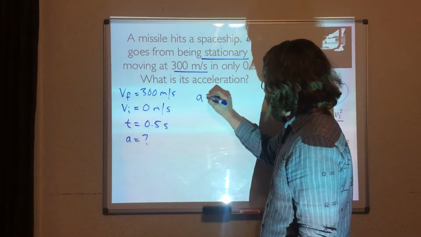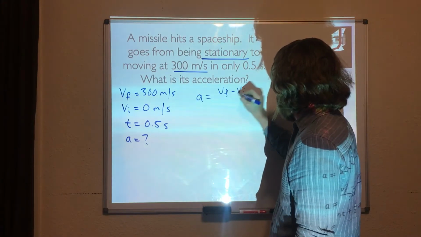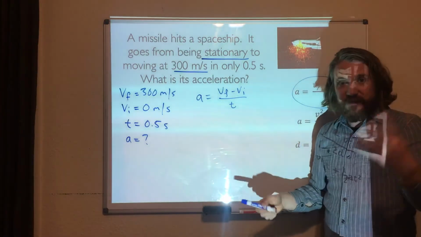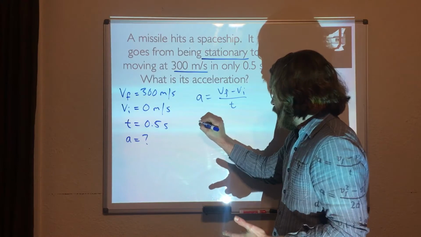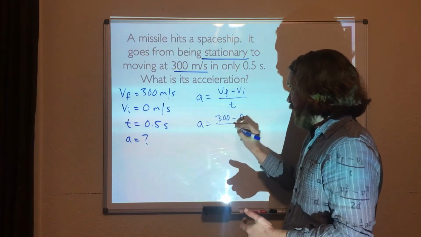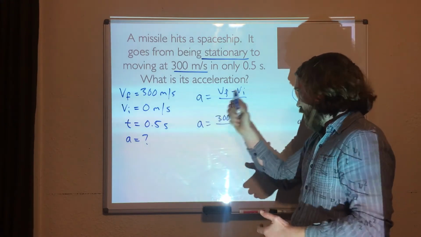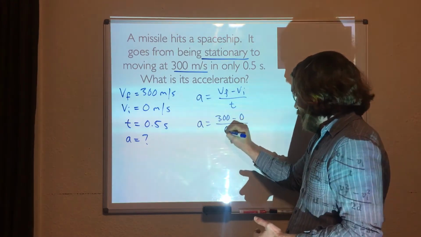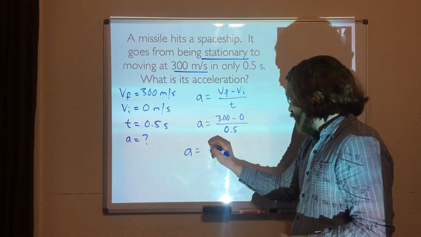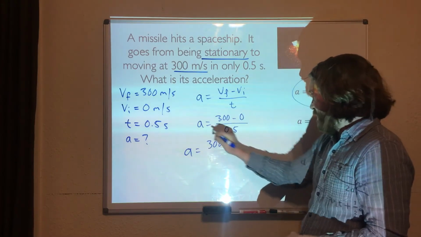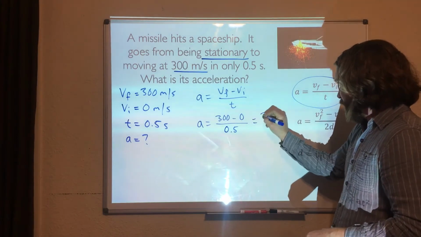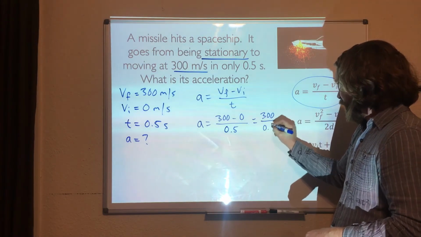So we're going to have a equals vf minus vi divided by time. I write the equation down. Fourth step, substitute. I just put my numbers in. Acceleration equals 300 minus 0 divided by, right? That's my vf, 300, vi, 0. t is 0.5. 300 minus 0 is 300, divided by 0.5.